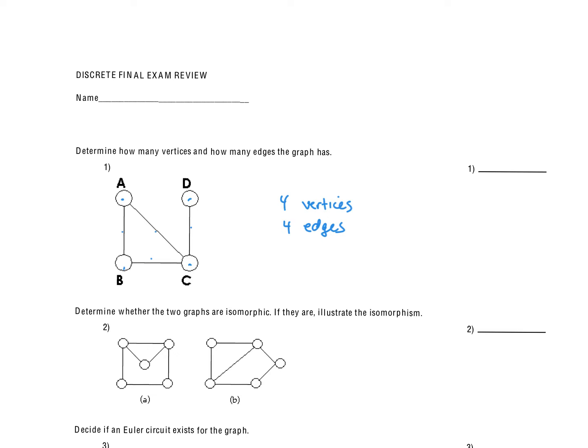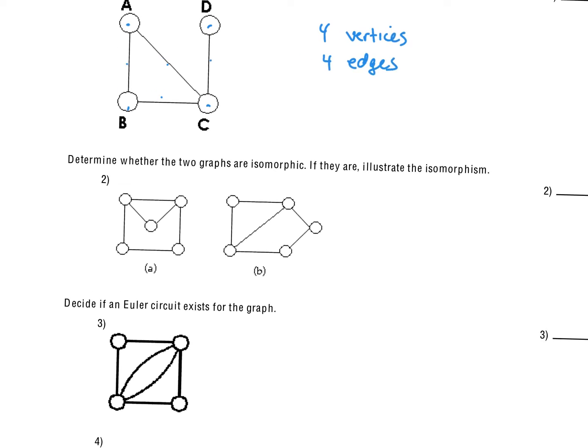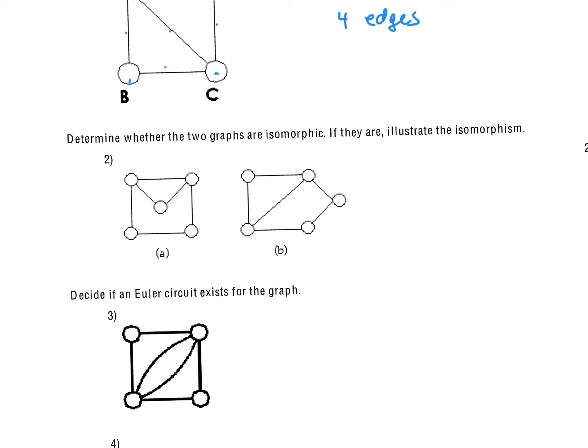Next problem. Determine whether the graphs are isomorphic. If they are, illustrate the isomorphism. All right, so for this problem, if I were to take this point right here and take it outside, because I can move these vertices, then I would have a triangle followed by a square or a quadrilateral.